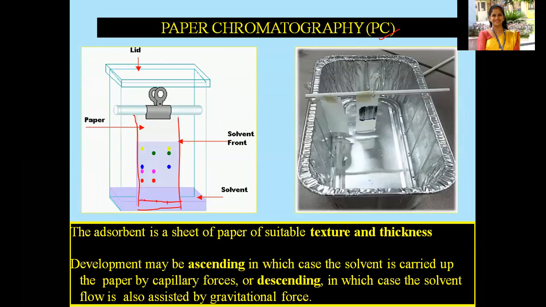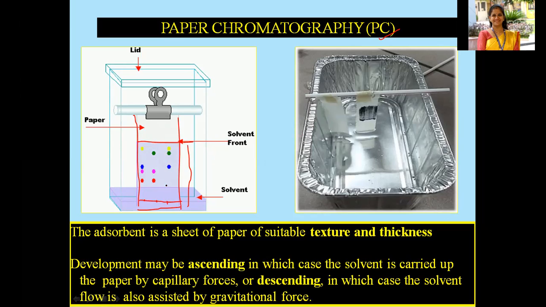By using the clip, we are holding this particular blotting paper or Whatman paper. When you dip this paper in the solvent, it will start moving in the upward direction. You need to draw a line 3 centimeter from the upper region.